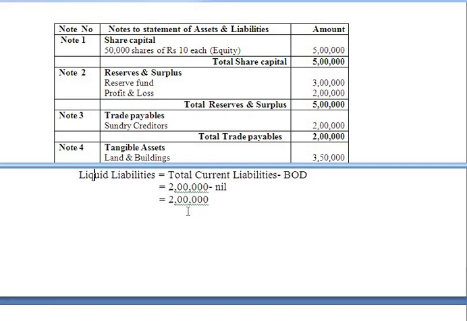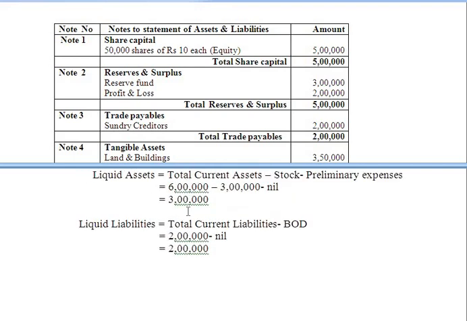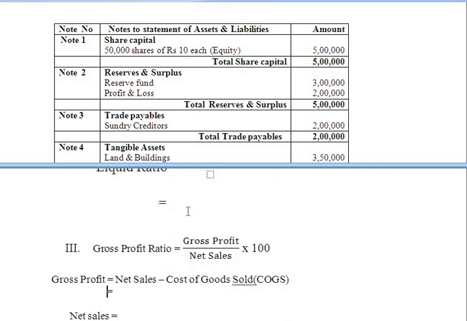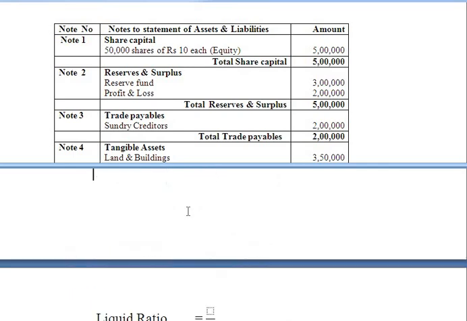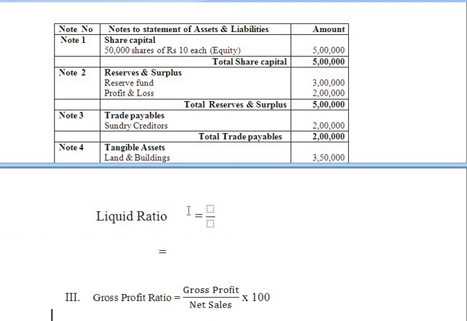What is the amount of liquid assets? See here, calculation, 3 lakh. Liquid liabilities 2 lakh. So put both the values here, 3 lakh divided by 2 lakh.